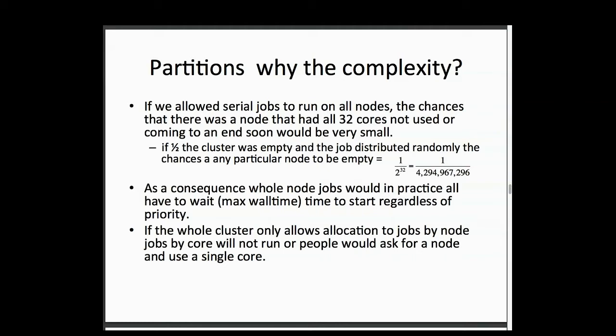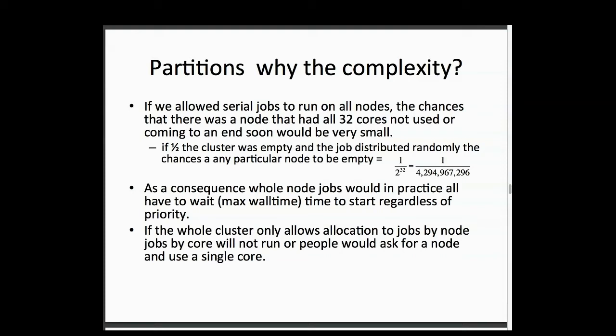So if half the cluster is empty and the jobs are distributed randomly, so each core has an equivalent 50% chance of having a job on it, then the chances that any single node will be empty is 1 over 2 to the 32, or 1 in 4 billion. So even with the cluster being half empty, the chance that any single node would be available for a whole node job would be very small.